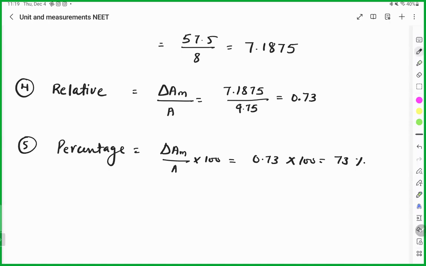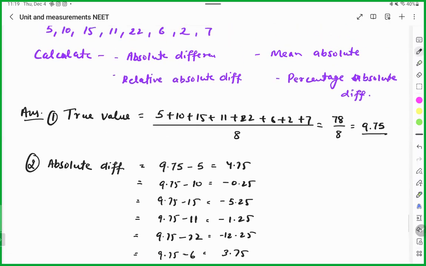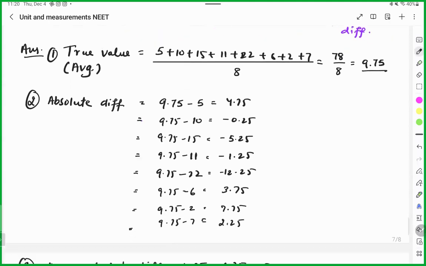So whatever situation is given to us, this is how you have to calculate. Because I made the question by giving random numbers, and what I was trying to convey is you have to calculate all those values. How to calculate true value? Average. That's what you learn. Average of what? Absolute difference.